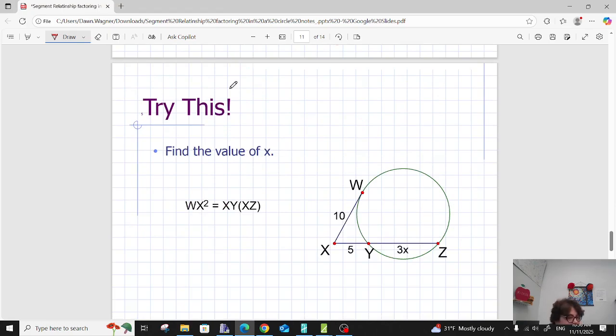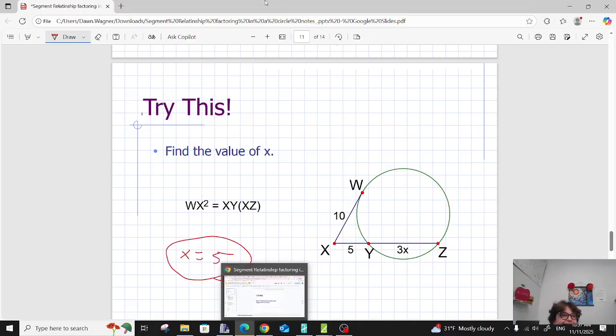You try this one. What is it? X equals 5.